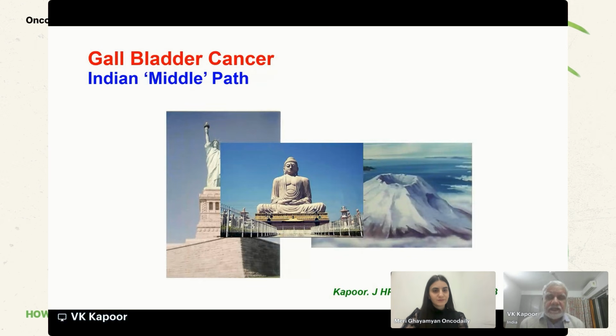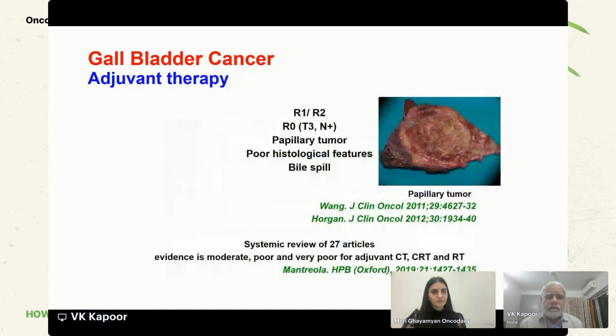That we should be aggressive towards early gallbladder cancer, which, as I will discuss, is usually incidental. And for advanced gallbladder cancer, major resections do not give good outcome, and therefore those patients we should not aggressively surgically handle.